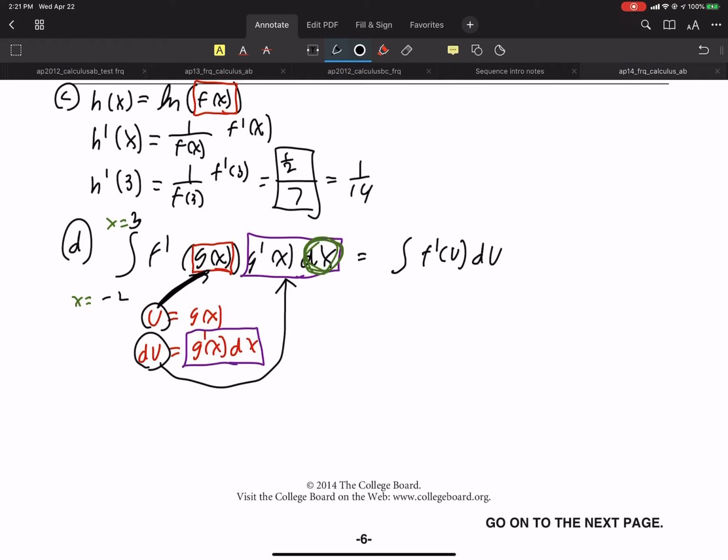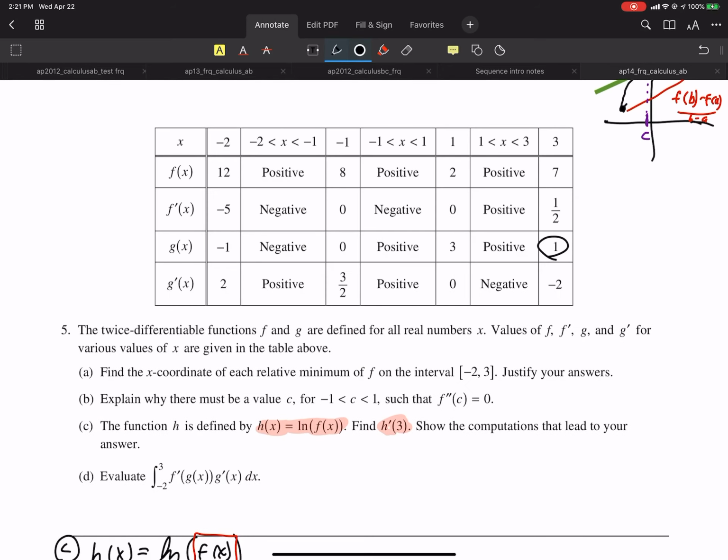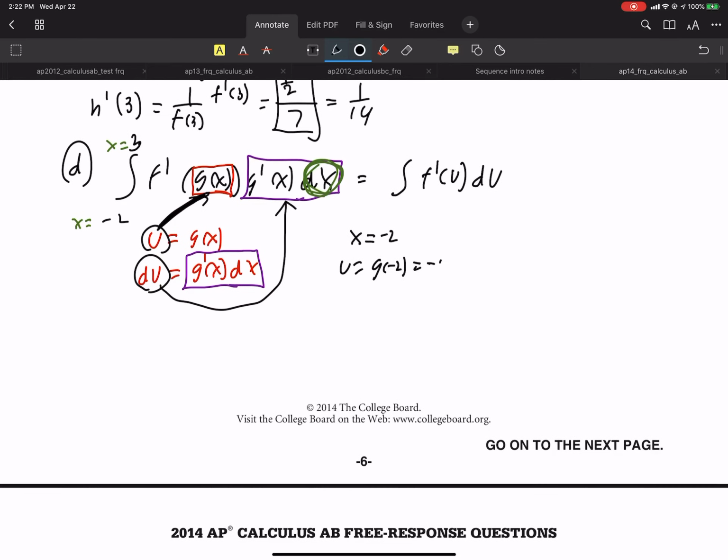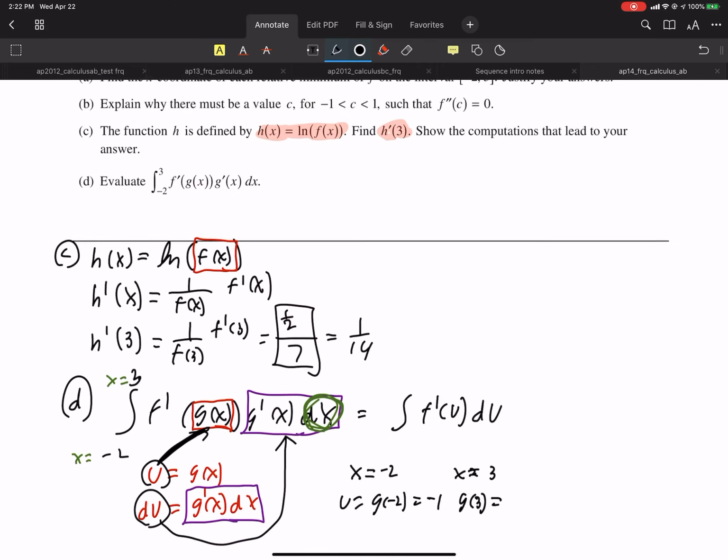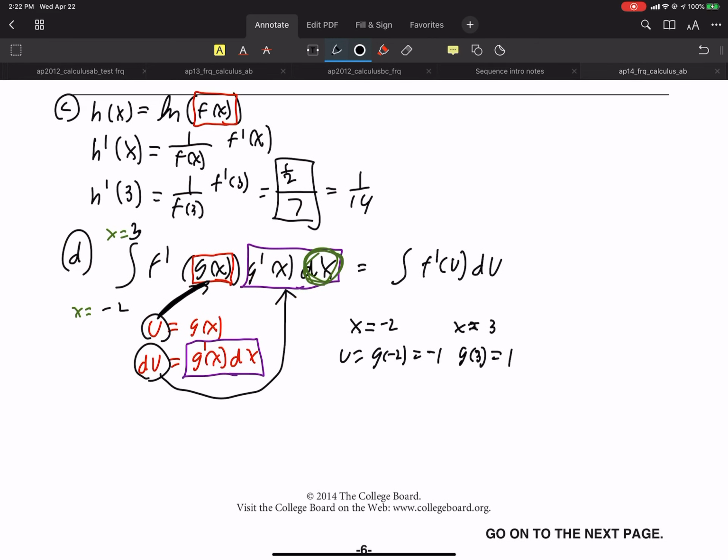So all that work for u, I could have left it. When x is -2, u will be g of -2, and we already did that, it's -1. And when x is 3, g of 3 was 1. So we're going to go from -1 to 1. I hope that's right.